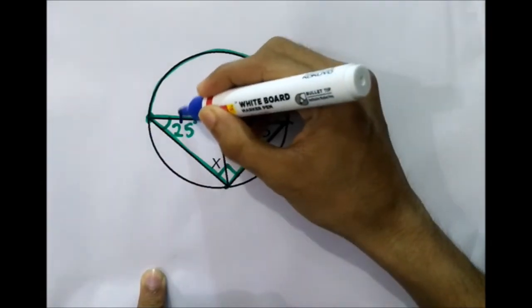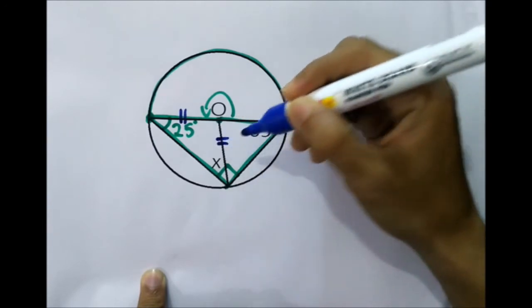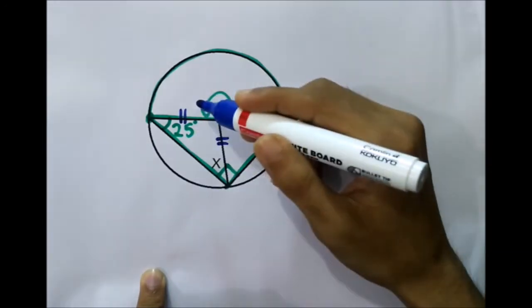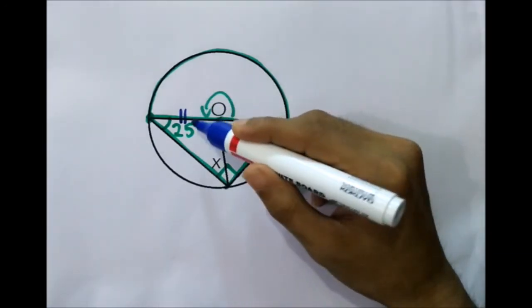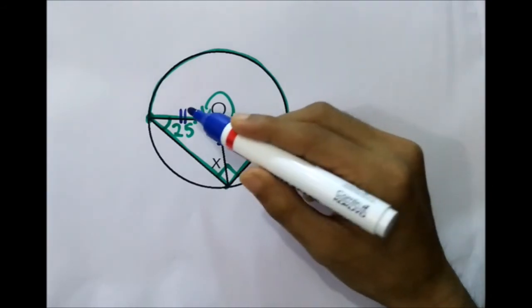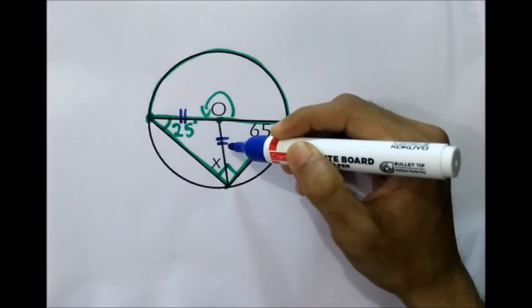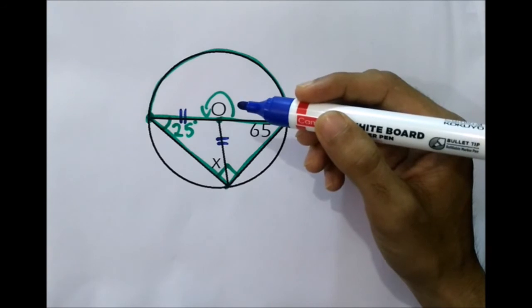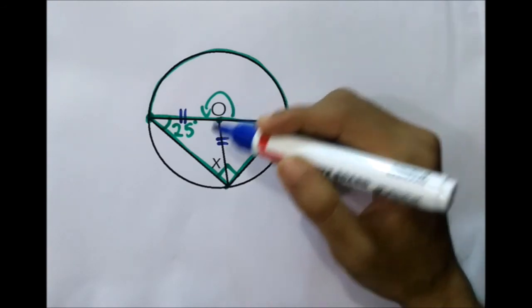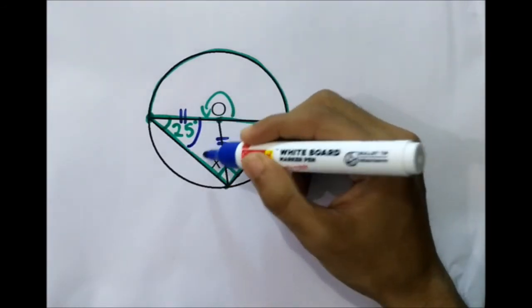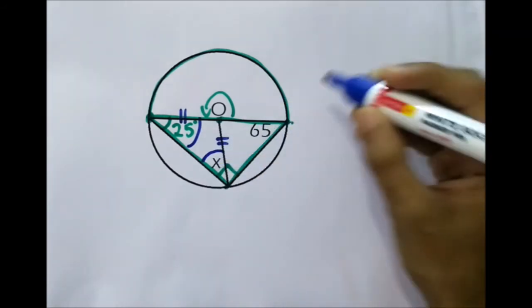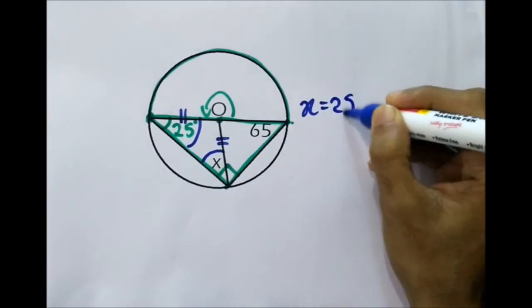Because if you see, these two lines are radii. In a circle, the magnitude of the radius won't change, right? If it is 7 centimeters, here also 7 centimeters. That means we can consider this as an isosceles triangle. In an isosceles triangle, the opposite angles are equal. So the value of x is equal to 25.